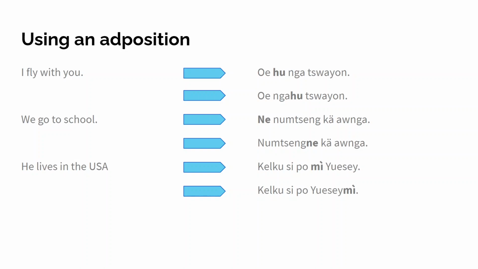Same for the next sentence. We go to school. Ne nomtseng ge au nga. Or nomtseng ne ge au nga. And lastly, he lives in the USA. Gelku sipo me USA. Or gelku sipo USA me.